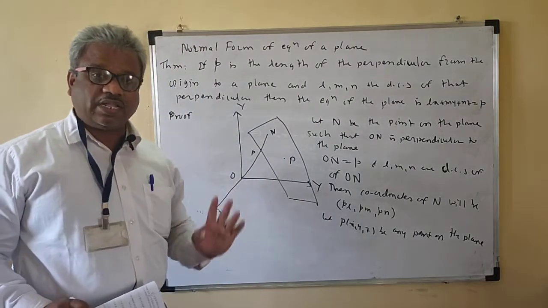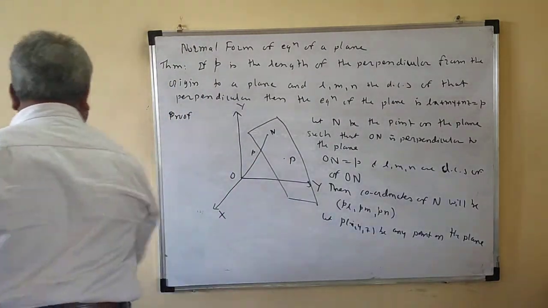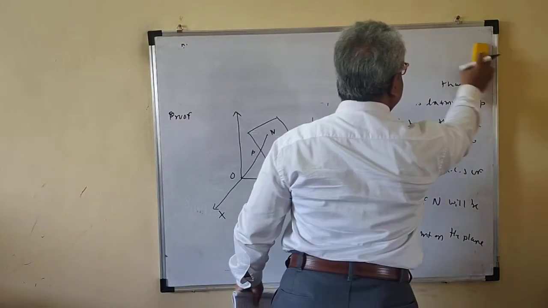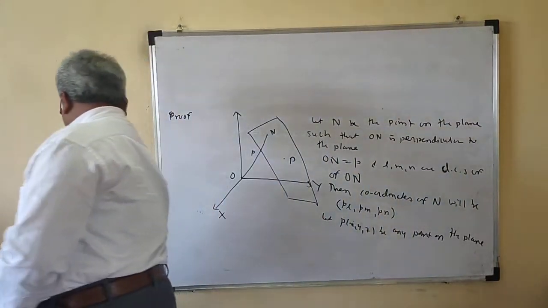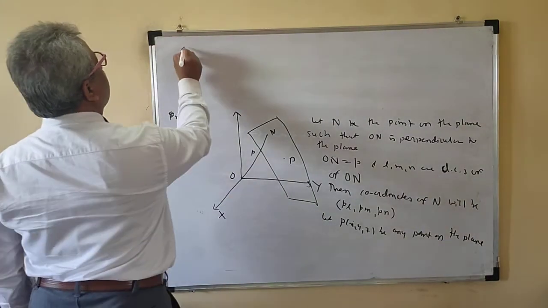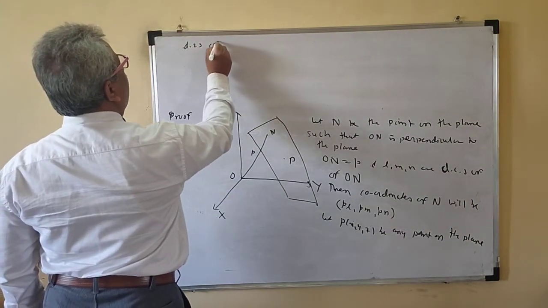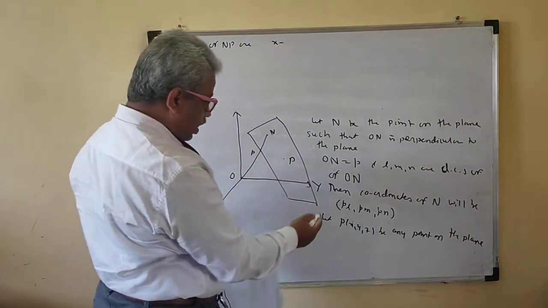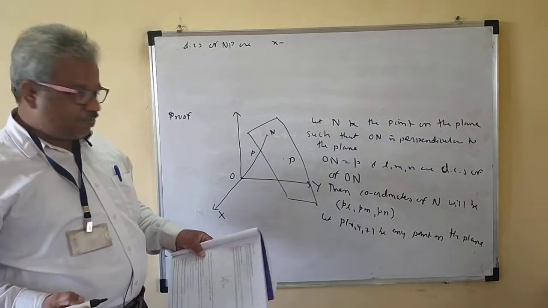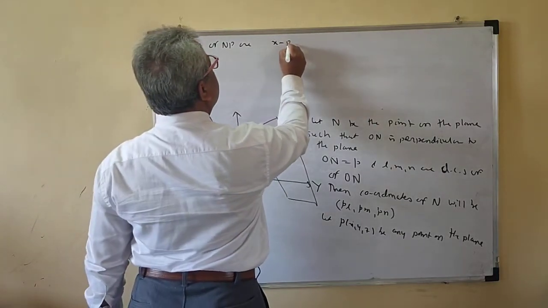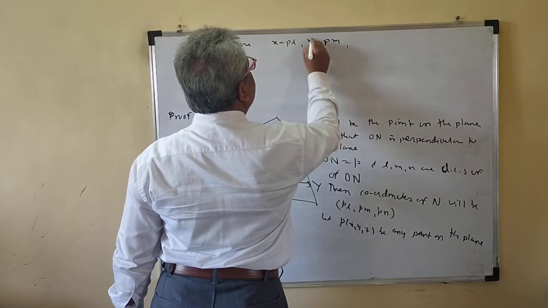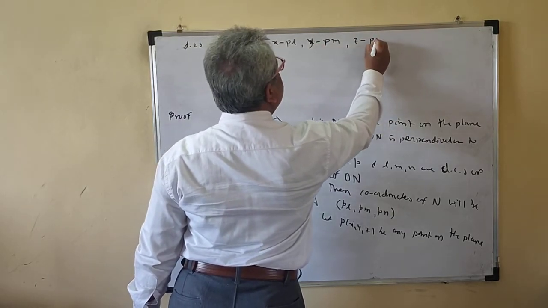Now apply the geometrical condition. First we find the DRs of NP. You have the coordinates of P and you have the coordinates of N, so the DRs are x minus pl, y minus pm, z minus pn.